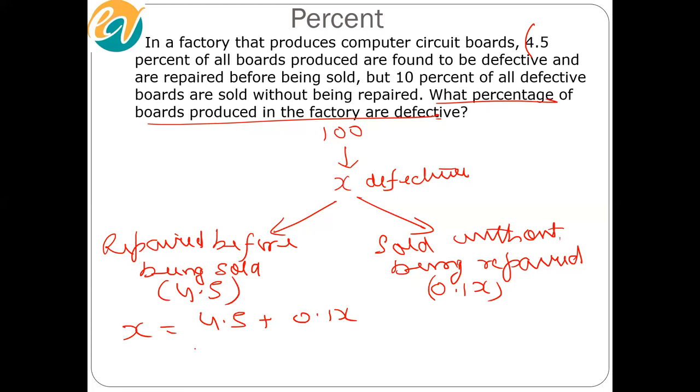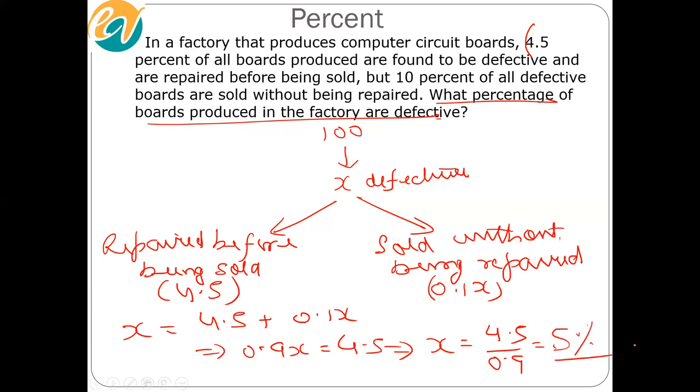Then 0.9X is equal to 4.5, which means X is equal to 4.5 by 0.9, which would be 5. So that's the answer, 5%.